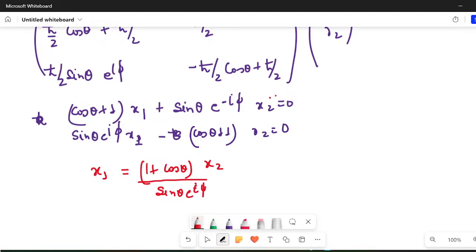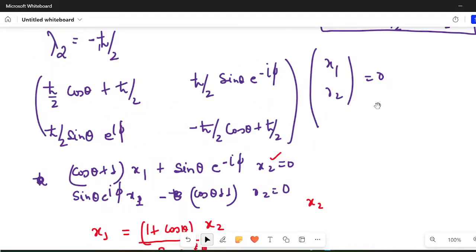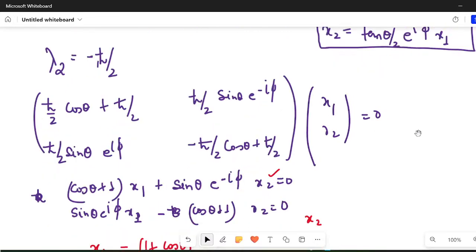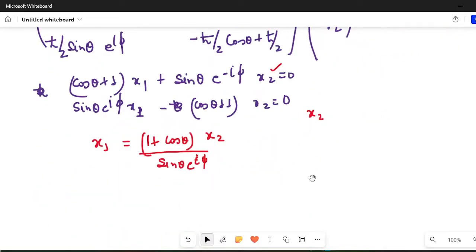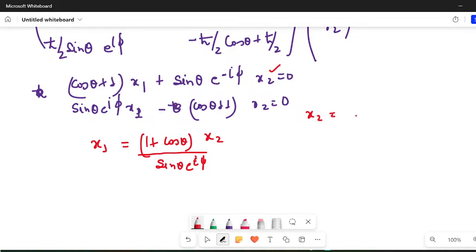Or if you want to use this equation, I'm using it. So let me write it as x2 is equal to minus of 1 plus cos of theta x1 divided by sine of theta e to the power of minus of iota phi.